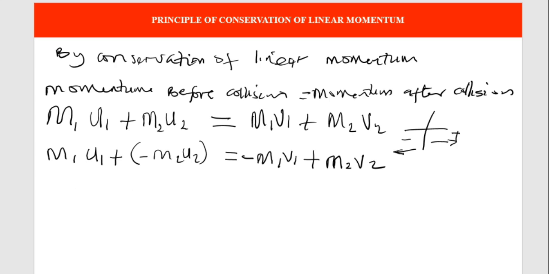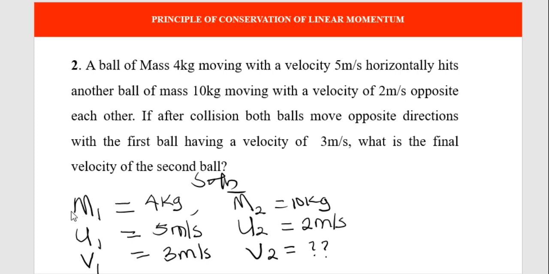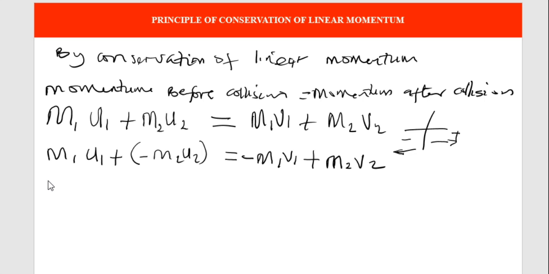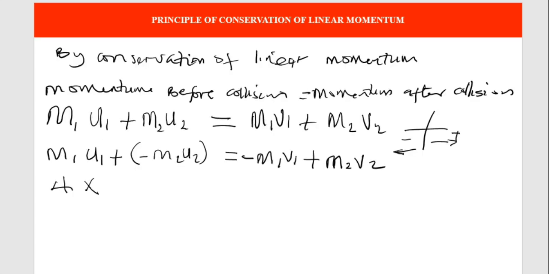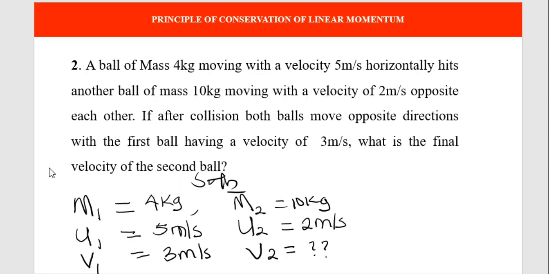So here we have m1 to be equal to 4, and then u1 to be equal to 5. So we have 4 multiplied by u1, which is 5, plus into minus m2. What is the value of m2? 10 and 2.